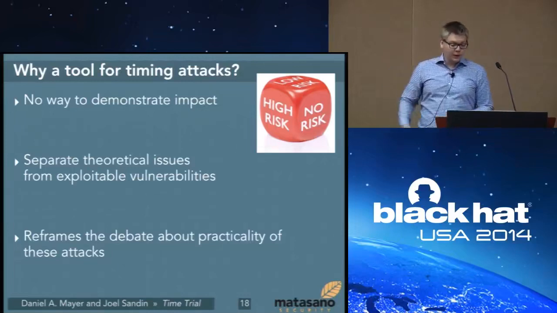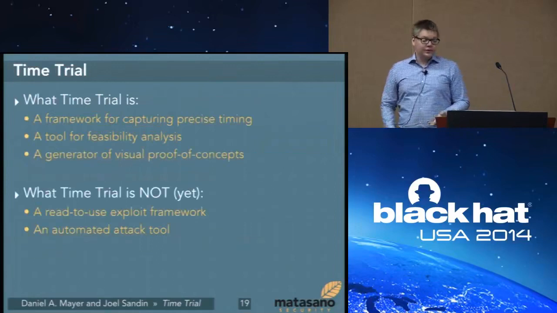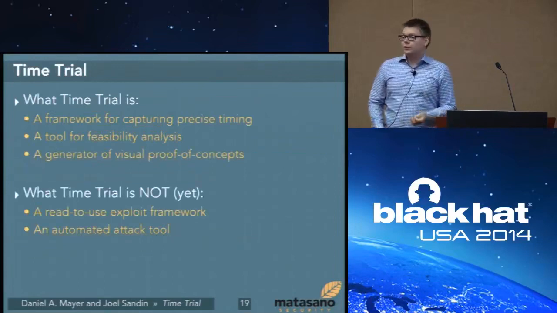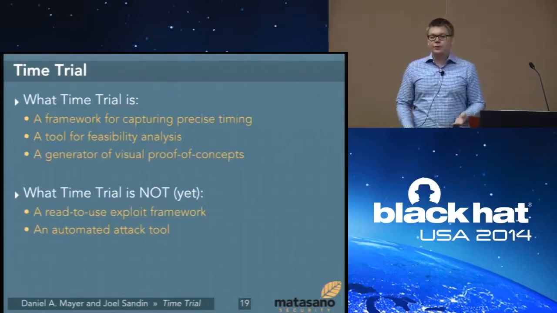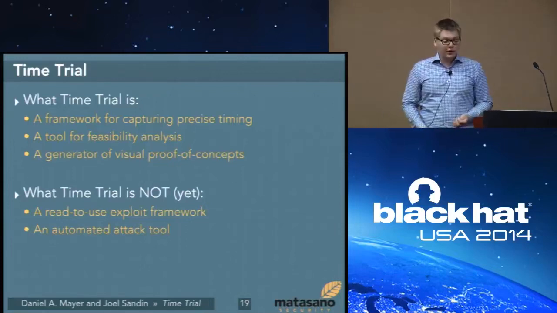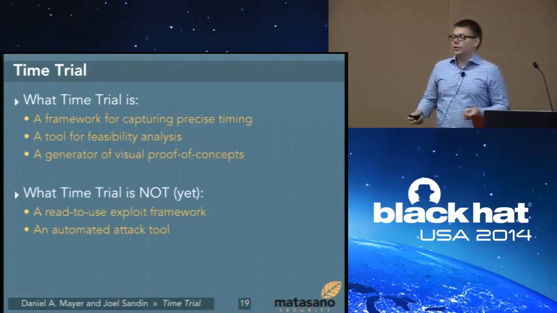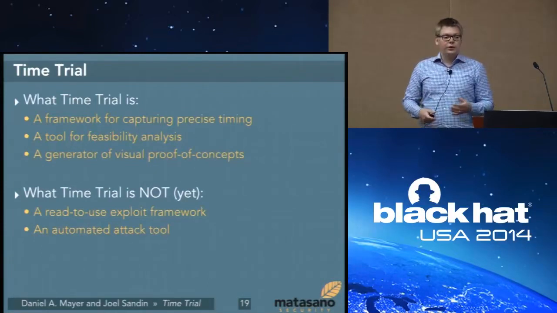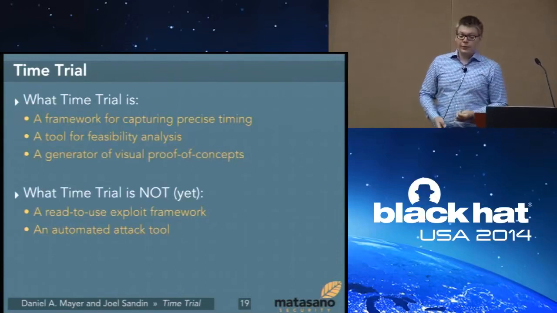So TimeTrial is a framework that allows you to do precise timing measurements and to analyze them using the most advanced statistical methods which have been tested in previous studies. It also allows you to generate a visual proof of concept. You can get these plots which we've seen before, and you can illustrate, okay, these are clearly distinct or these are not distinct, and you have some indication of whether you should worry about such a timing attack or not.